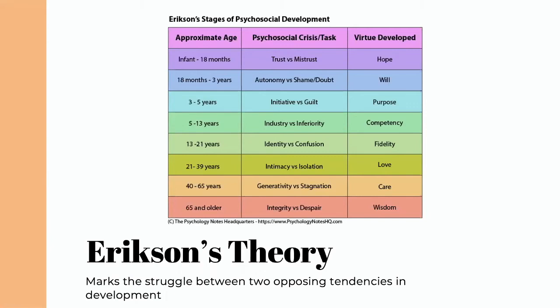And then the same goes for the other stages, dealing with autonomy versus shame and doubt that you develop from 18 months to 3 years old, when you begin to understand that you're in control of your actions, and there are certain consequences that go with those actions. And with each stage, there's something similar that they have to deal with and find the balance between in order to successfully develop into a healthily functioning adult.